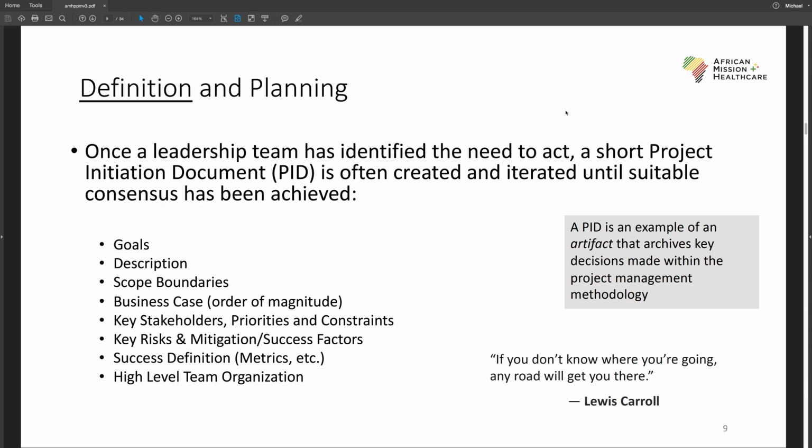A business case. And a business case isn't always about the economics. And at this point in the process, it might just be an order of magnitude. But the business case articulates the costs and the benefits associated with the project that we're talking about. So we might think we need 5 people for 5 months to do the work.